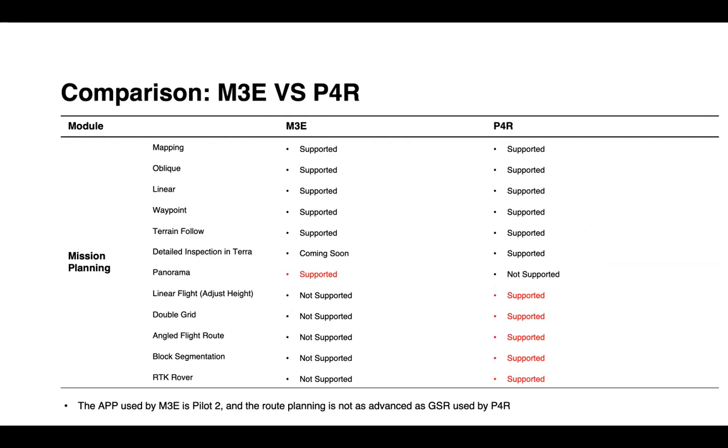But that being said, we're excited with the MSDK support that you'll have even more route planning options to use as an end user if you need something along the lines of block segmentation, linear flight, or double grid. And we work to continue to improve the Pilot app as well with listening to end users.